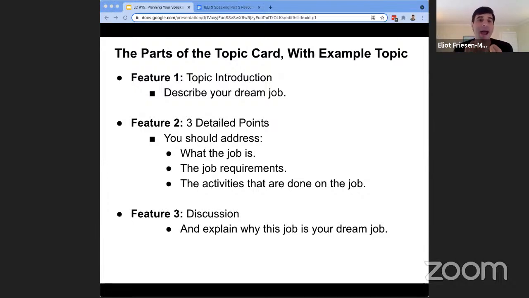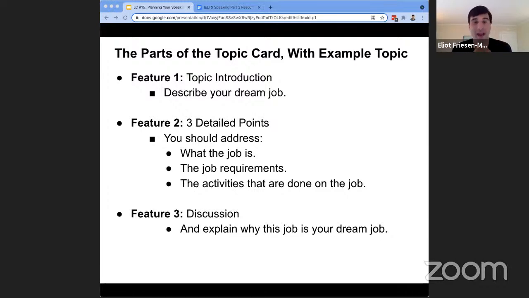That's where you're getting back into the conversational part of the interview. It's the little segue or transition from part 2 to part 3. You get a few rounding off questions. Those are not part of your speech, and you can't really prepare for them. After your speech is done, they're just going to ask you for a little more detail about something that you said.